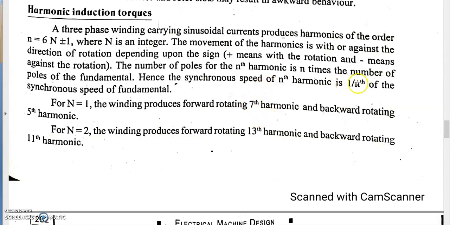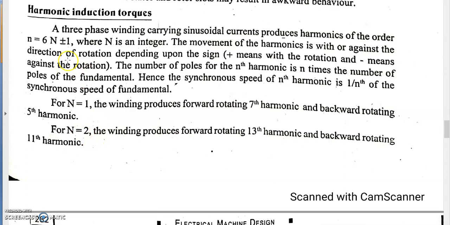That means this fifth harmonic will produce the backward rotating torque. So the 7th harmonic will produce forward rotating torque for n is equal to 1, and the 5th harmonic will produce backward rotating torque. That is given here. For n is equal to 1, the winding produces forward rotating torque for the 7th harmonic component and backward rotating torque for the 5th harmonic component.